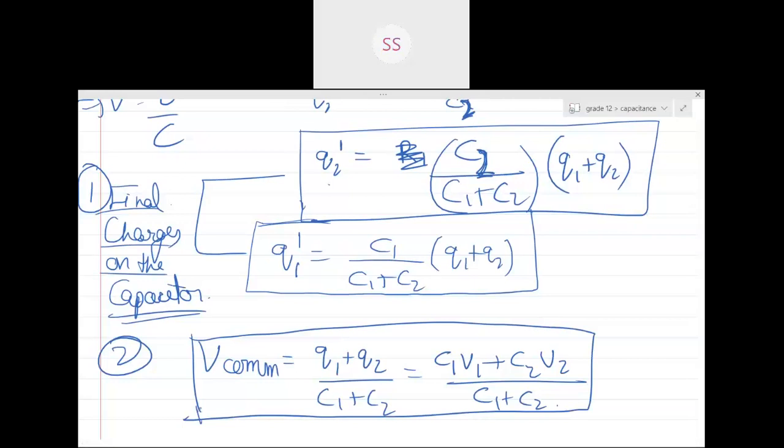Done, guys. The second set of formulas is for common potential. Basically, remember this formula, what the common potential should be, and then accordingly divide the charges.